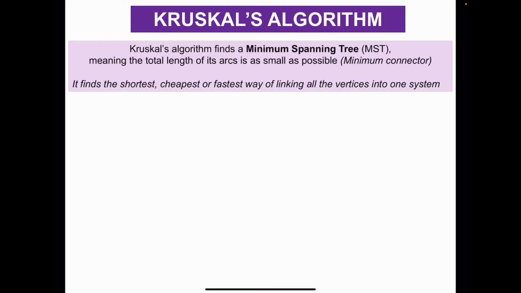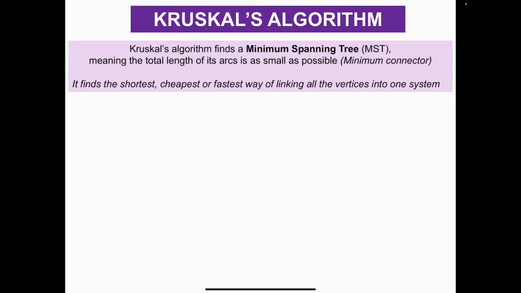The first one that we start with is Kruskal's algorithm. Both of them produce the same thing, the minimum spanning tree. You can recall from the section before, from lesson 4, what the minimum spanning tree is. The minimum spanning tree is the tree where the total length of its arcs is as small as possible.